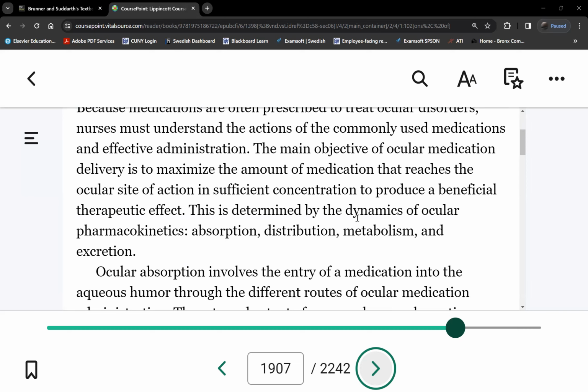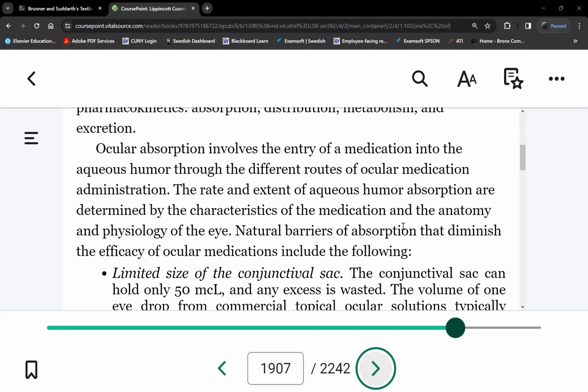So there are two sets of charts we will follow here in order to administer these medications, and some rationales also for why certain actions are done. Okay, why we wait, for instance, a certain amount of time before giving a second eye drop, for instance, and why we give eye drops first before eye ointments, okay?